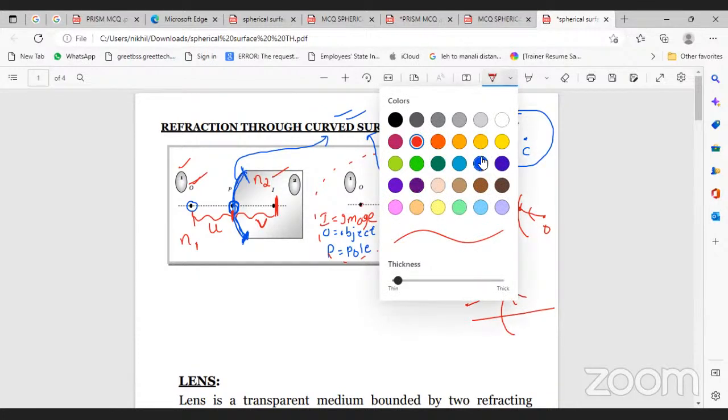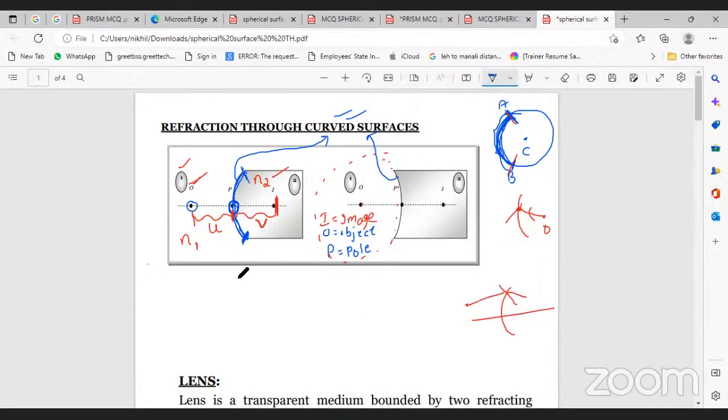Now, let me consider the situation like this. What is this AB called? The curved surface.